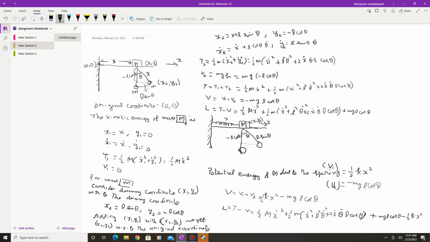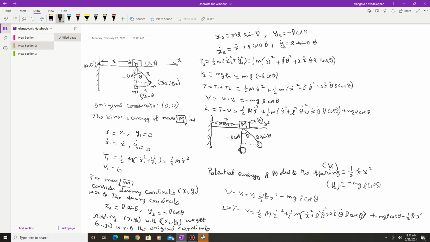And since there is a minus sign, minus V, if you substitute for V, the term will be plus. So plus mgL cos theta. So this is the total Lagrangian of the system, if the block of mass M, which is attached with the simple pendulum, is moving along the x direction.